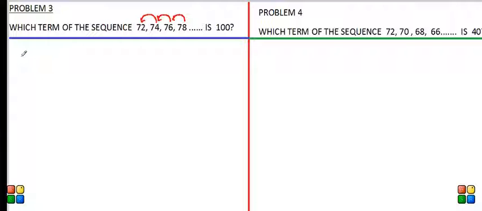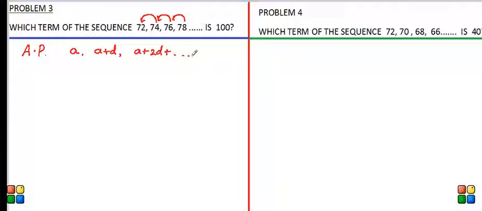And since it is an arithmetic progression, we know the terms should be of the form a, a plus d, a plus 2d, and so on.